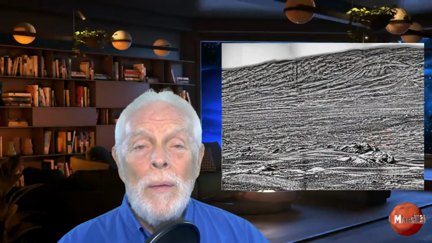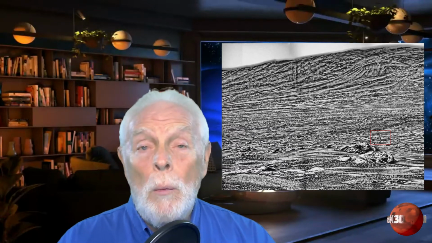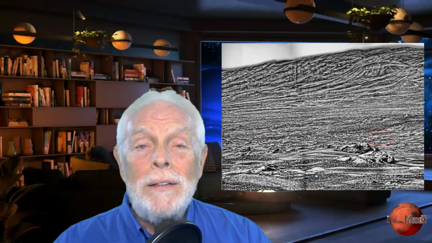Here's an image that comes straight down from Perseverance. This is part of a huge pan that Alan made. And then as he applied his process to the images, this is what he came up with. Now, right now to you, it just looks like a jumble of black and white. But really what's happening here is that what's underneath is being revealed.